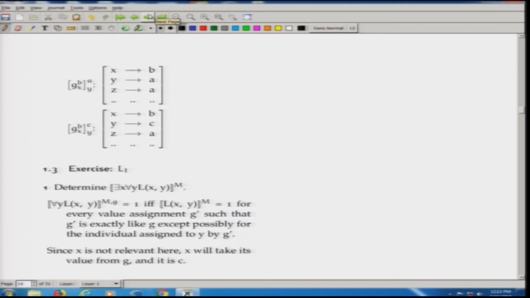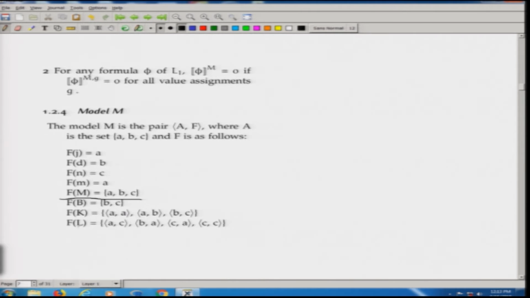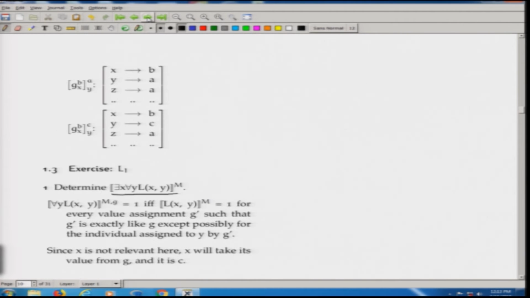Determine the value of this thing. We know the value of L. So the value of L, I just want to write down, you find it on this page. Yes, so this is the value of L. So we need this value, so we go back to the old one.